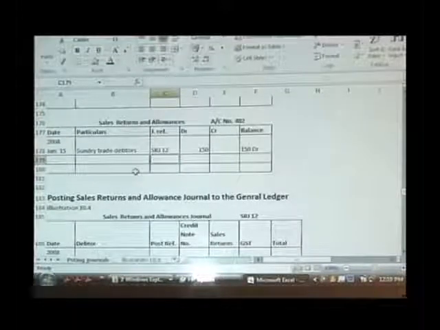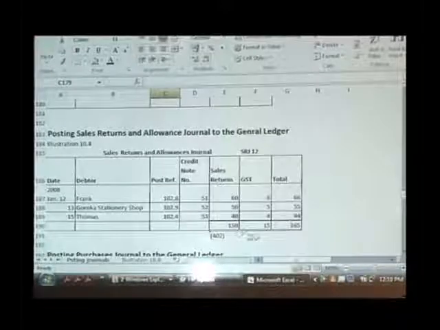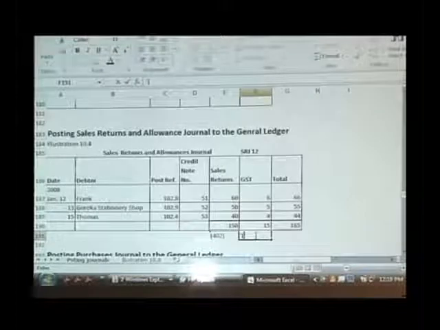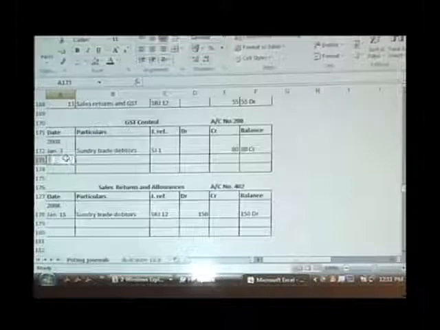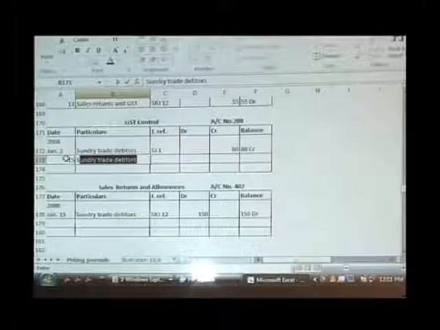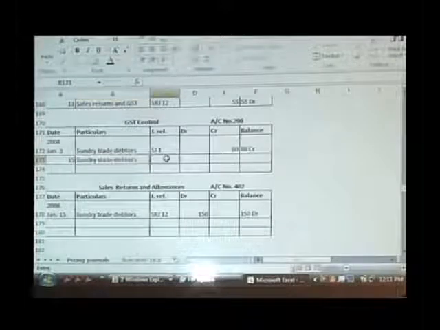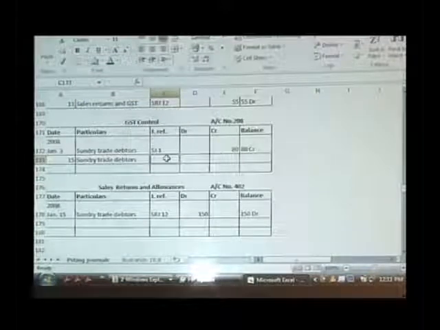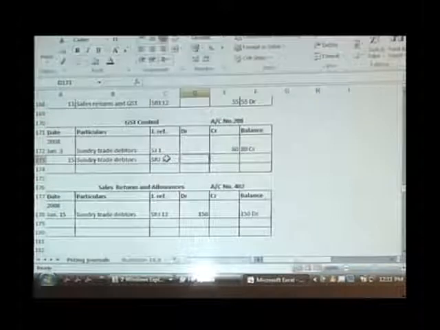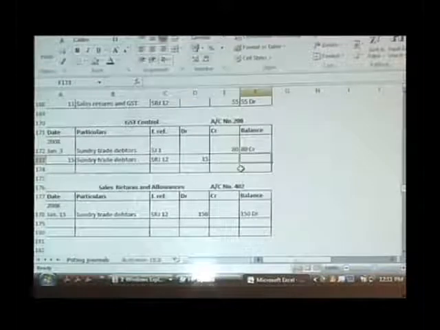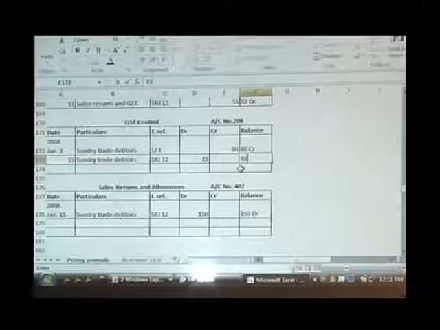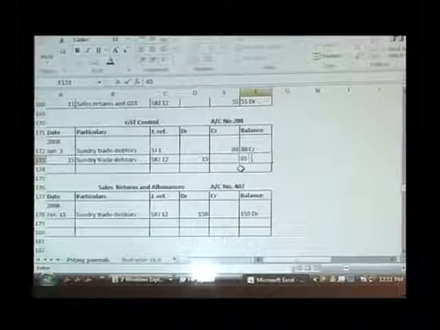Then GST, this total amount is posted to the GST control account, 208 here, January 15th, that is from sundry trade debtors, sales returns journal, page number 12, amount is 15, 80 minus 15 is 65, credit balance.